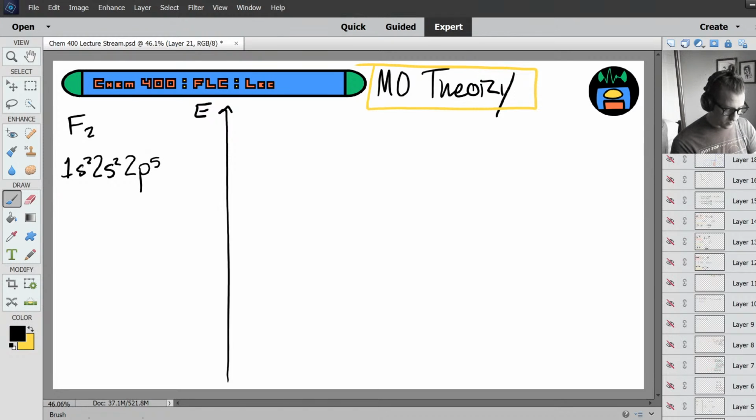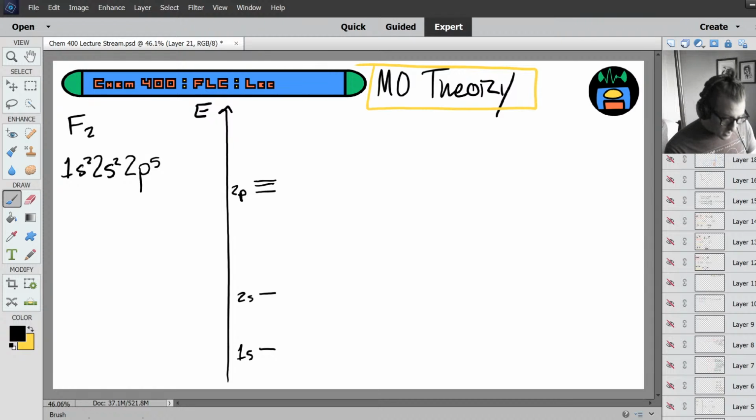So I'm going to start with writing in my 2p orbitals, my 2s orbital, and my 1s orbital.